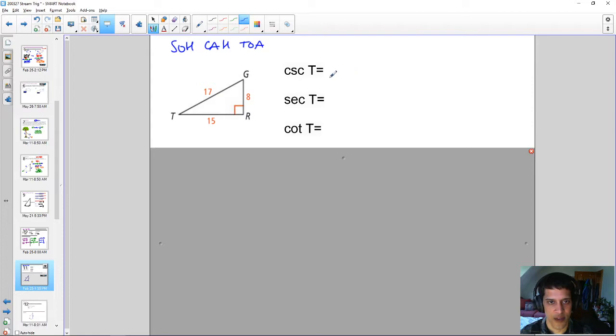So cosecant t, well, let's see. First step, angle. Second step, we still want to identify hypotenuse, opposite, adjacent. So cosecant of t, remember, is going to be the opposite of sine, hypotenuse over opposite. And hypotenuse is 17.